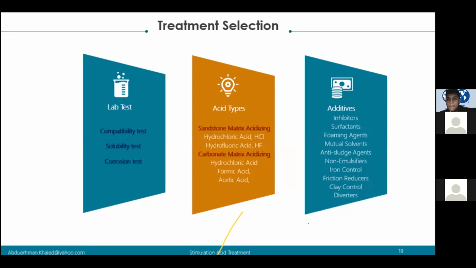Then we do another test, a corrosion test, to avoid any harm to the well integrity and any corrosion problems. As you will see in the following slides, the acid design should not be the same for all rocks.